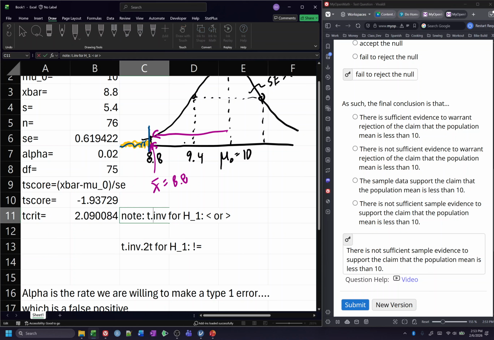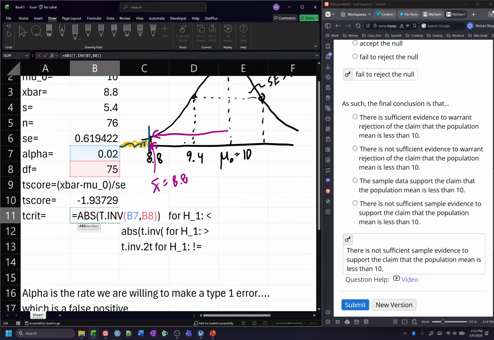I won't combine these. Let's copy this. You're going to do the absolute value of the t inverse when you are doing greater than, so that gives you a positive value. And here we go.